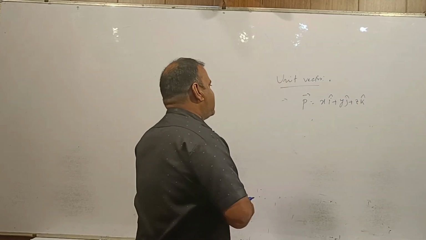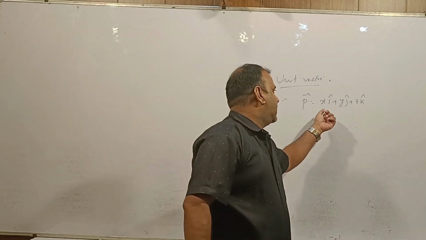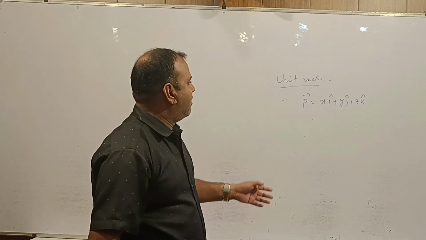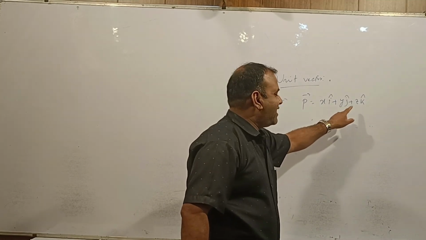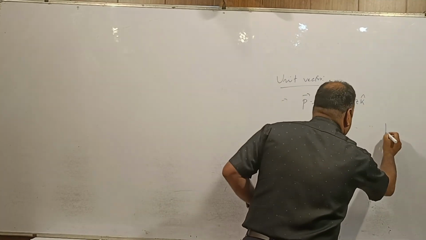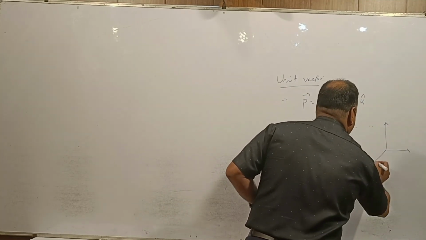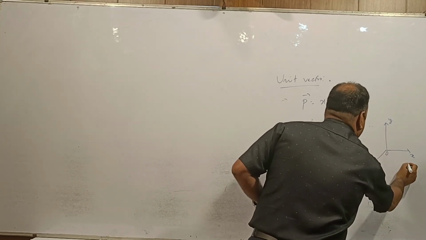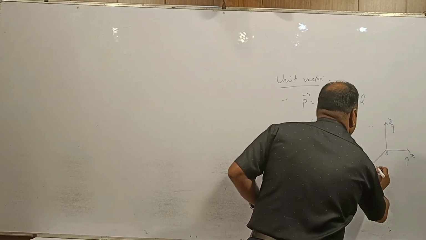That means I have considered here three unit vectors I cap, j cap and k cap, which are along the x direction, y direction and z direction. You just remember the previous diagram which was given to you, with x direction, y direction and z direction, I cap here, j cap here, k cap here.